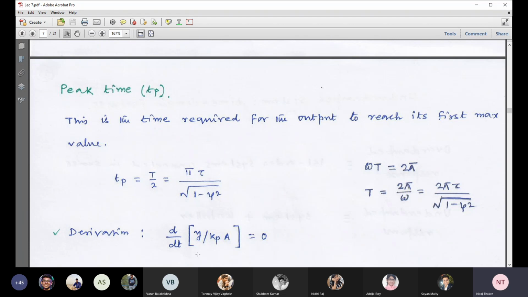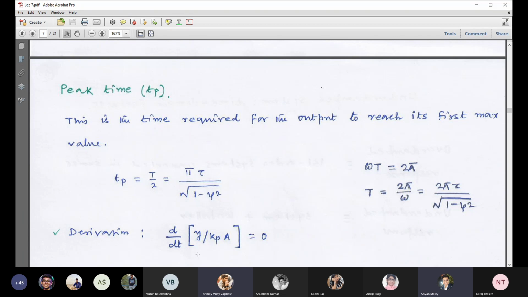Yeah, anyone got the expression for T_p? Sir, I got it as tan inverse of omega tau by zeta minus phi, divided by omega, so that would be equal to 0. Anyone else? Any other expression?